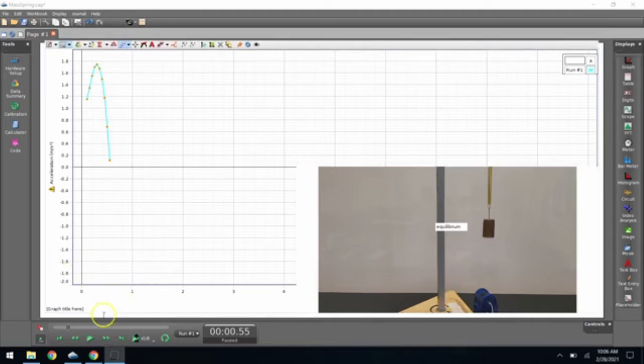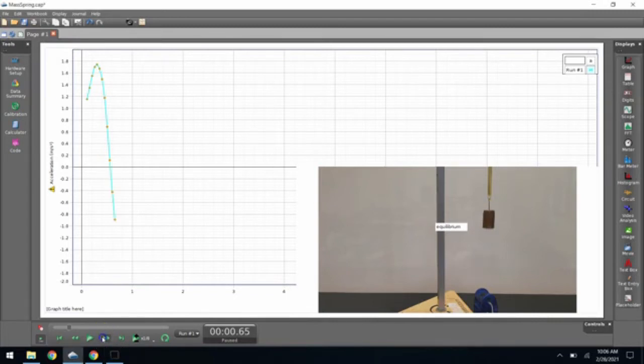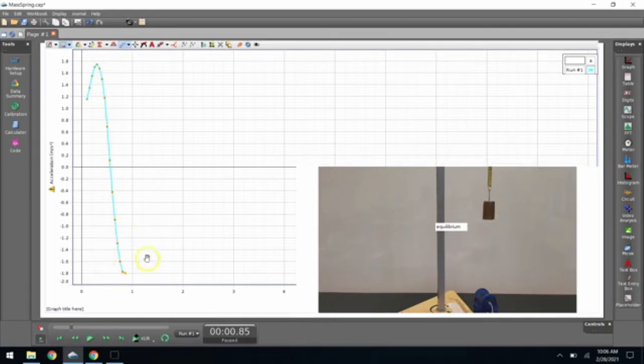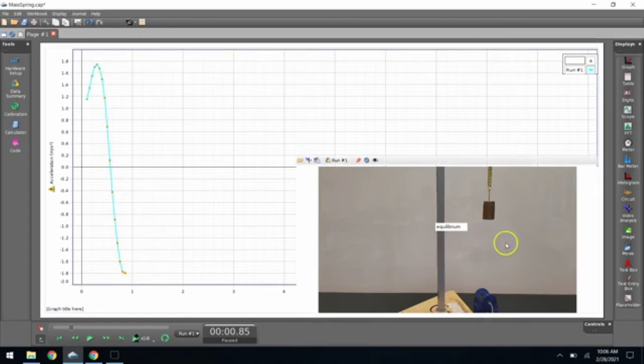So kind of advancing this forward, what you'll notice is that my accelerations are becoming negative and the positions are becoming positive. So notice that it's up here above equilibrium and the acceleration is negative. So why is that? Remember that the definition of simple harmonic motion is that the restoring force is towards equilibrium.